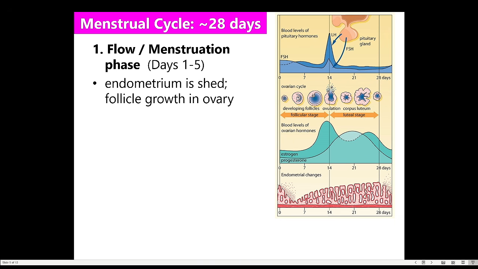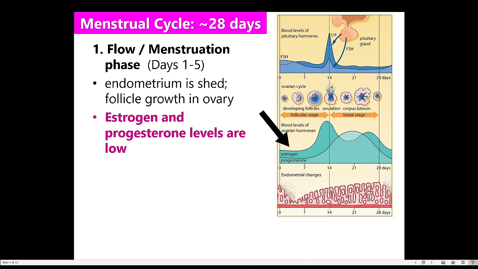Also, during this time, the follicle starts to grow in the ovary. Okay, so you can see here in the picture that there is a small circle that is gradually increasing over time. This is the follicle. Yung follicle, dyan sa loob niyan, nabubuo yung egg cell.